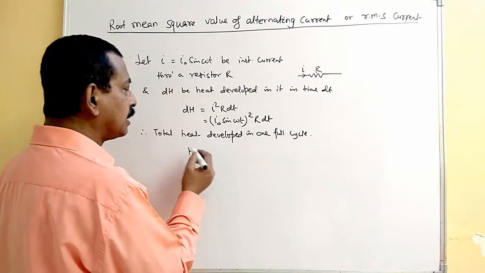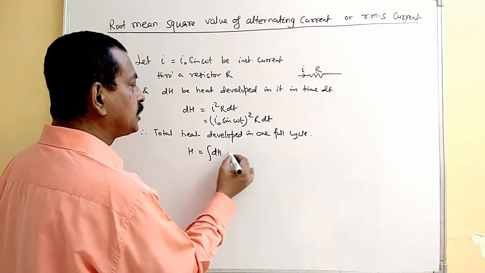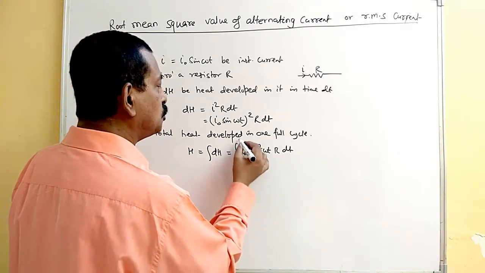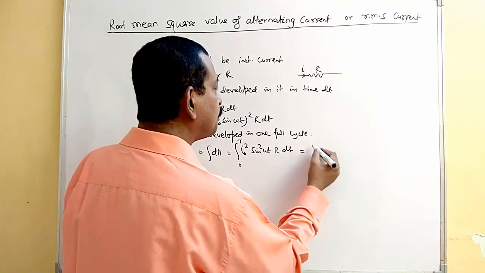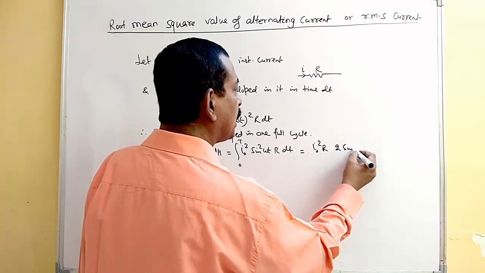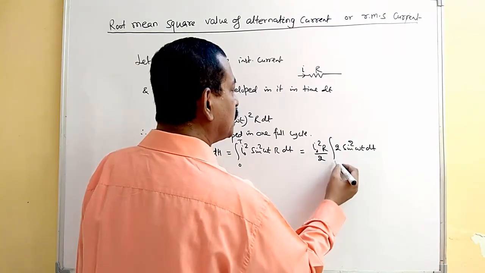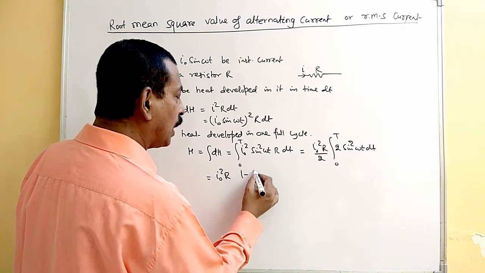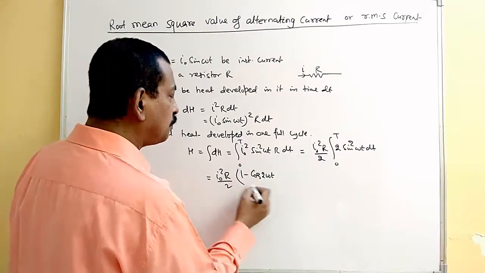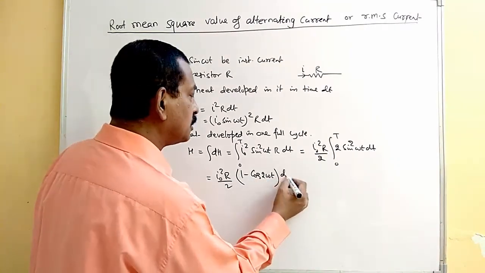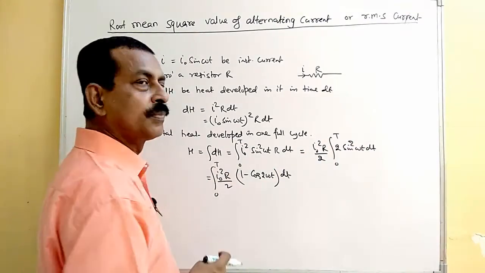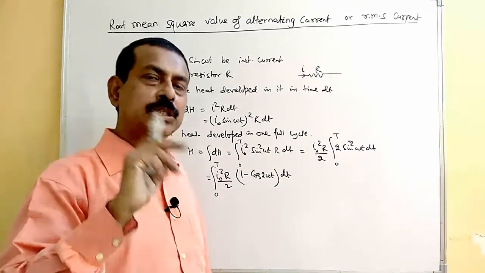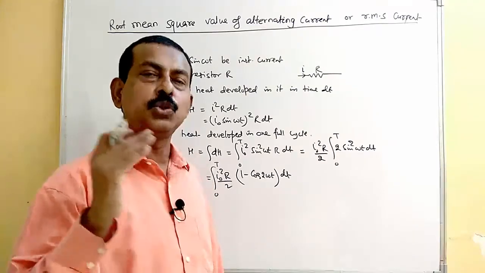Total heat developed in one full cycle, if I represent it by H, will be the integral of this dH, which is I naught square sine square omega t R dt, integral from 0 to capital T. Now we can write this as I naught square R, and suppose I multiply by 2 and divide also by 2, so that this expression is in the form of 1 minus cos 2 omega t dt, integral 0 to T. 2 sin square omega t we have written as 1 minus cos 2 omega t, because cos 2 theta is cos square theta minus sin square theta, which can be written as 1 minus 2 sin square theta.